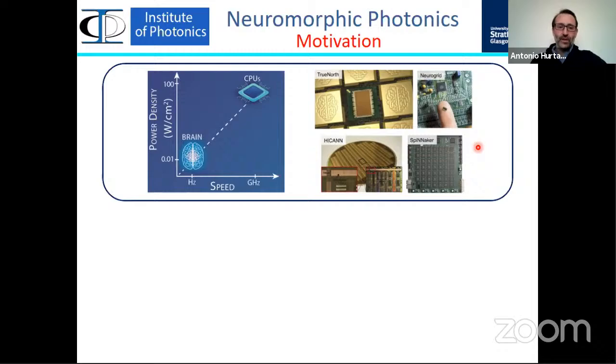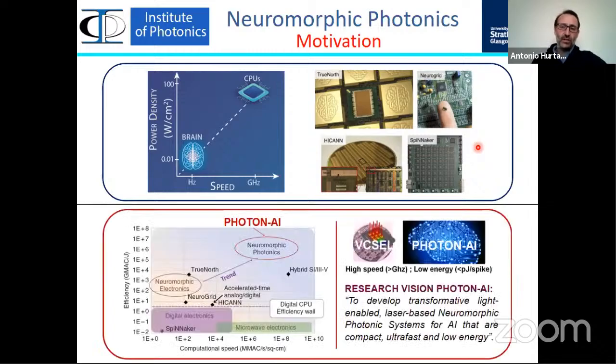So going forward, it's been suggested in recent times, and this is what we're looking into, that the use of neuromorphic photonic platforms, or implementing photonic technologies for the development of neuromorphic computing, can go beyond the current state of the art. You can see here more or less where the current neuromorphic electronic platforms stand, and by implementing these systems on photonic technologies, we can reach higher computational efficiencies, lower energy consumption, and higher computational speeds.